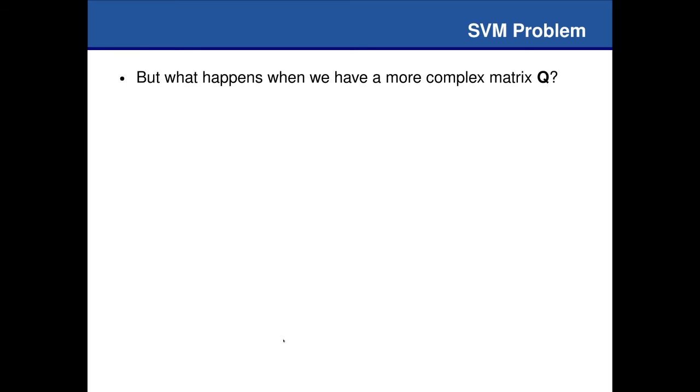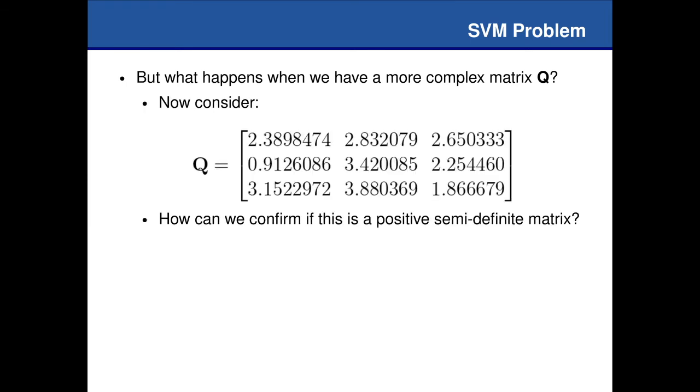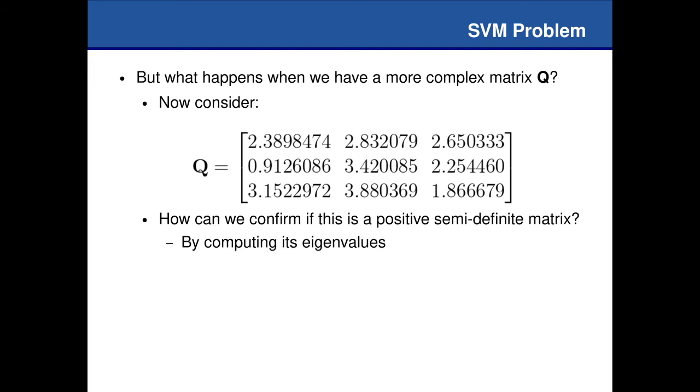Okay, but what happens when we have a more complex matrix Q? What happens if I have a matrix like this? How could I confirm if this is a positive semi-definite matrix? I could compute its eigenvalues.